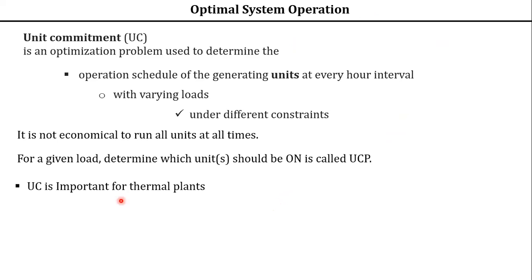However, it is not important for hydroelectric power stations, because what is the fuel used? Water, which is apparently free. There is almost no operating cost. So the unit commitment problem is not important in hydro as well as nuclear power plants.